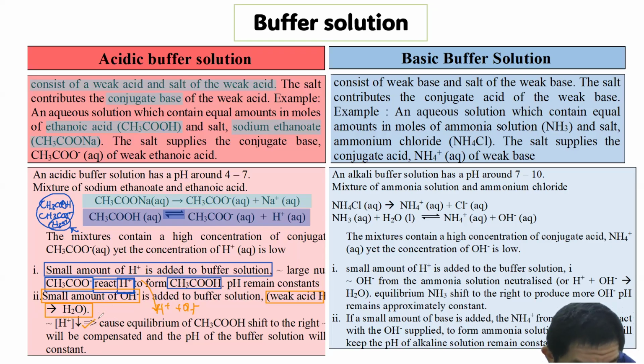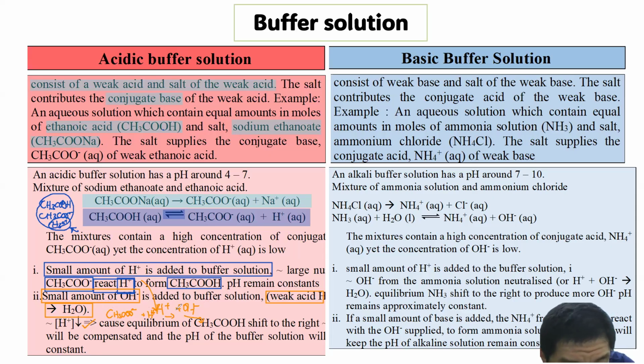So when a little alkali is added, the H plus will react with the CH3COO minus. Okay, so you form CH3COOH.